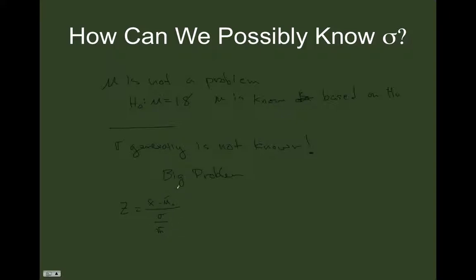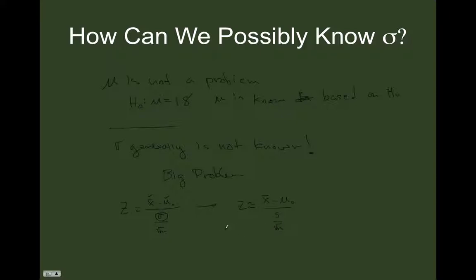So we know the null, the hypothesized mean. Of course, we're going to get a sample, so we'll know x bar. We'll know the size of the sample, so we'll know n. But this is kind of a glaring problem. So one thing that is tempting is to replace that sigma, and notice I changed the equal sign to approximately equal to, to change that sigma to s.